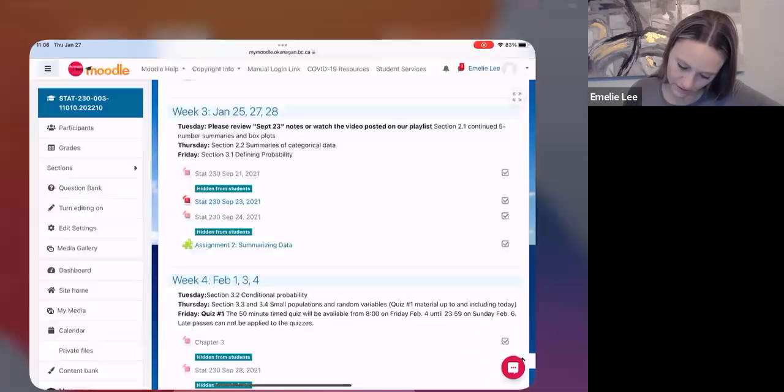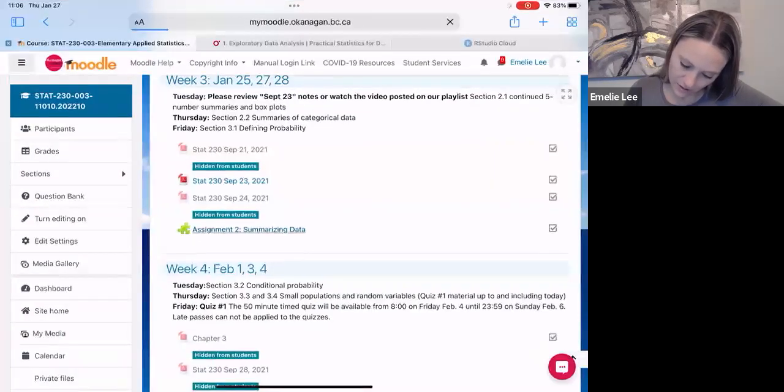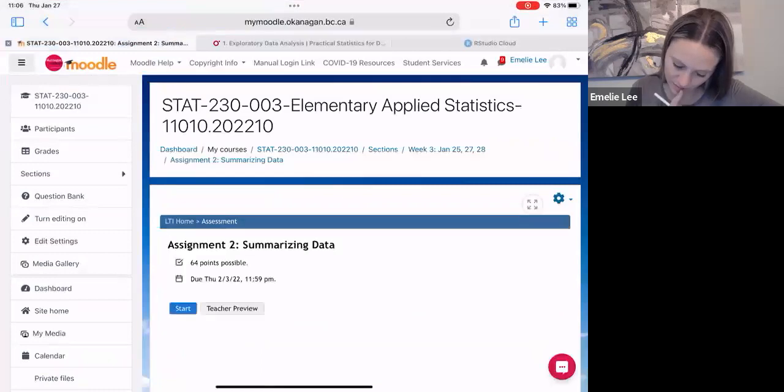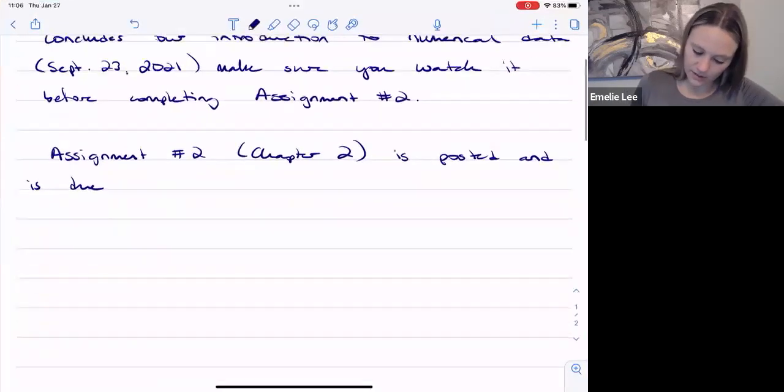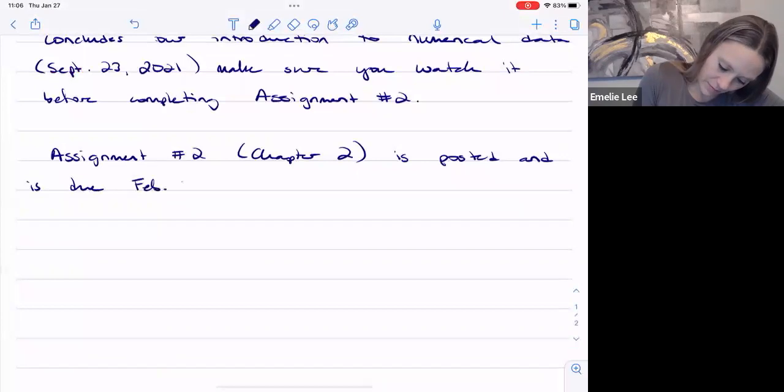I'll have to check. Assignment 2, does it say due on Thursday? That makes sense. I usually do a week, from the day I introduce an assignment, unless we're short on time. So if I'm trying to get you to work on stuff before a quiz, for example, then I might make it a little shorter. But then I also make the actual assignment a little bit shorter too. So it is due February 2nd, which is Thursday.